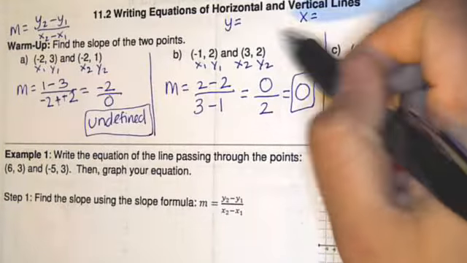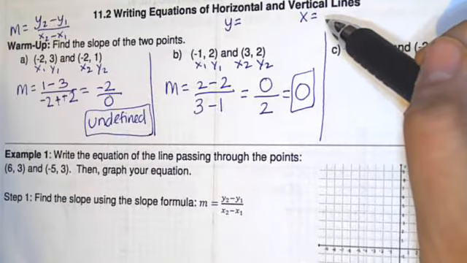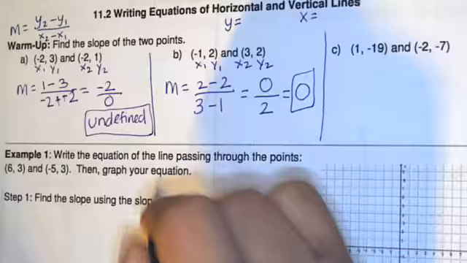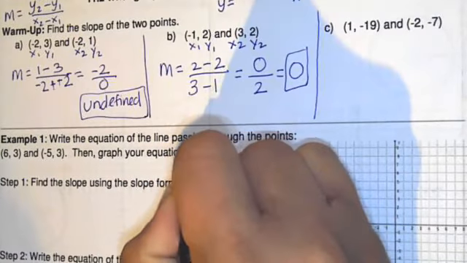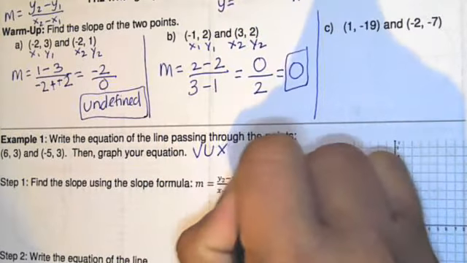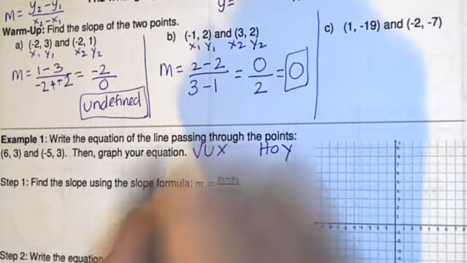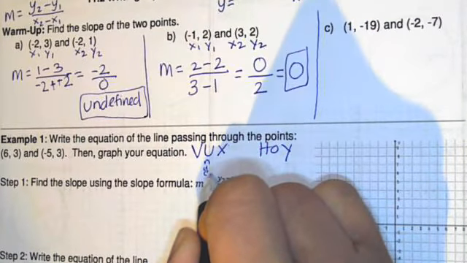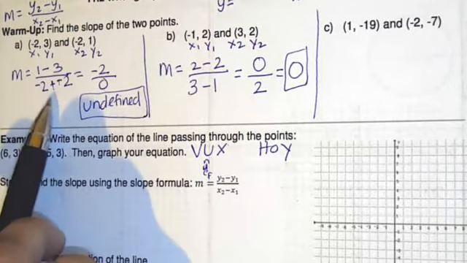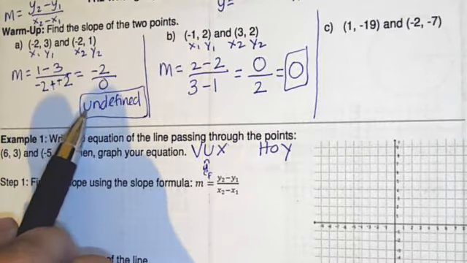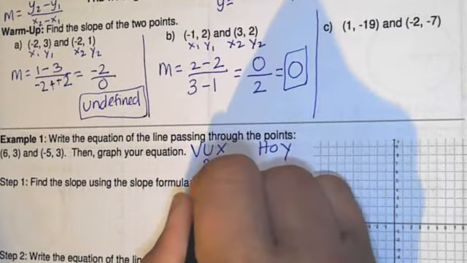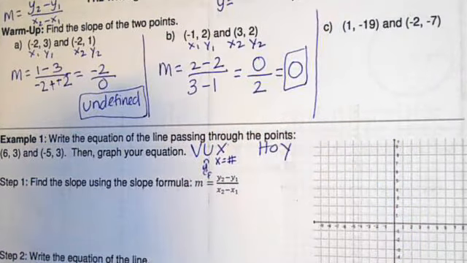Just like I gave you guys a little mnemonic device on Friday, you can use that if you want to help you remember the two things. So I'll write it down here. VUHOY, in case it's helpful. V stands for vertical. U is that undefined slope, like we just saw. So on this first example, since we got an undefined slope, that means this would be a vertical line with x equals a number as the equation. And we'd have to figure out which number that equation is at.